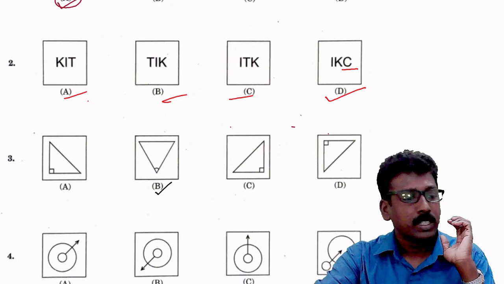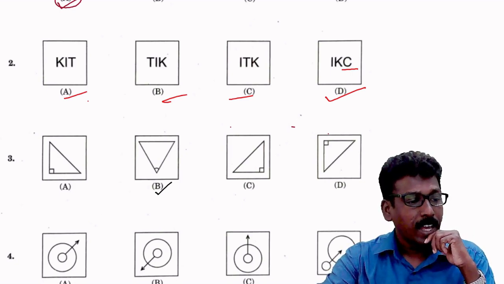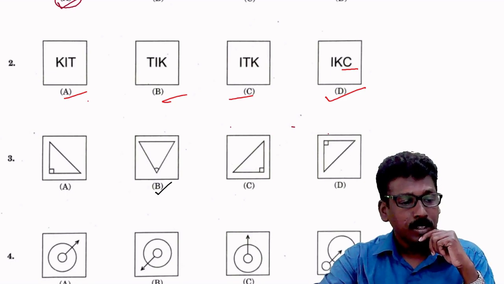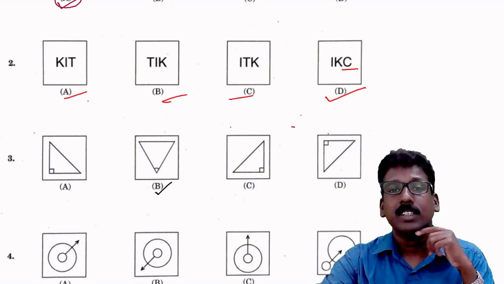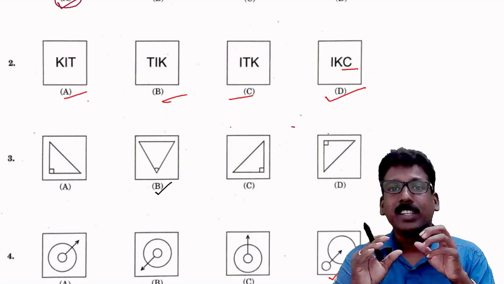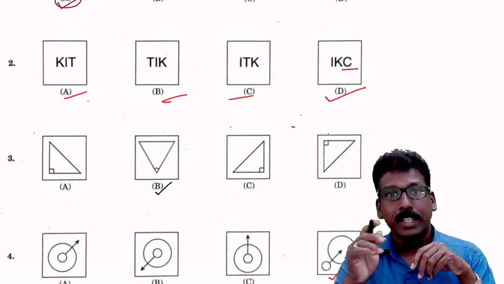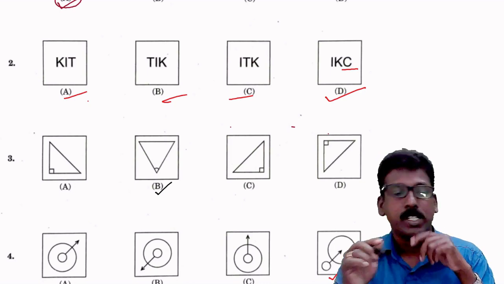And in question number 4, there is a circle and an arrow mark outside, but in option D, the circle is outside. So D is the correct answer. So mark the answer not in the question paper, but in the OMR sheet, and darken the correct option.